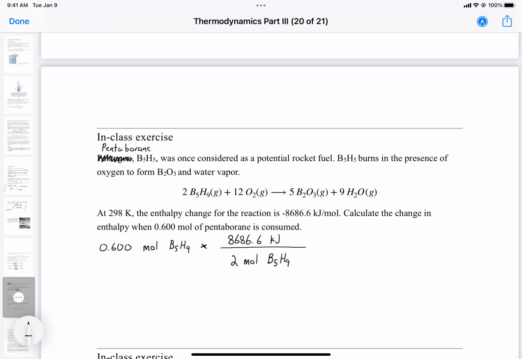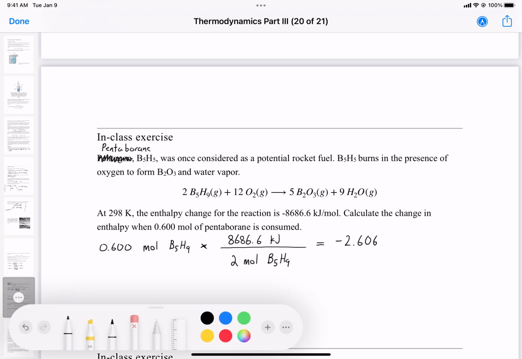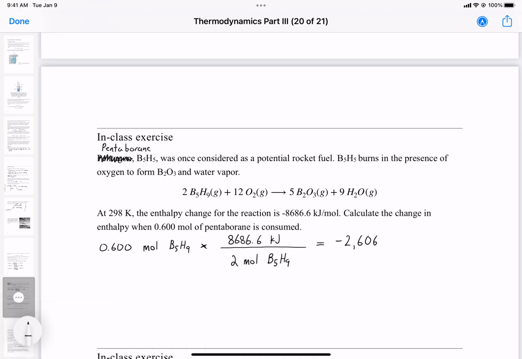So if we were to calculate this, this would give us negative 2,606 kilojoules.